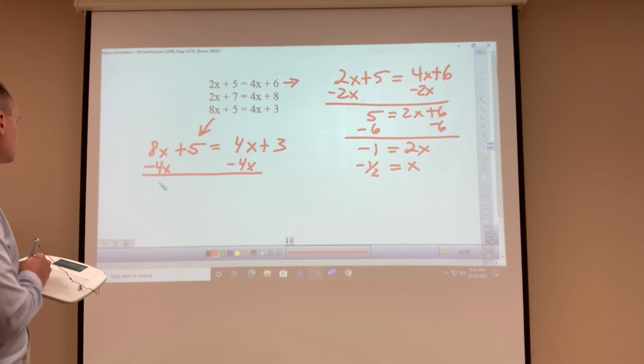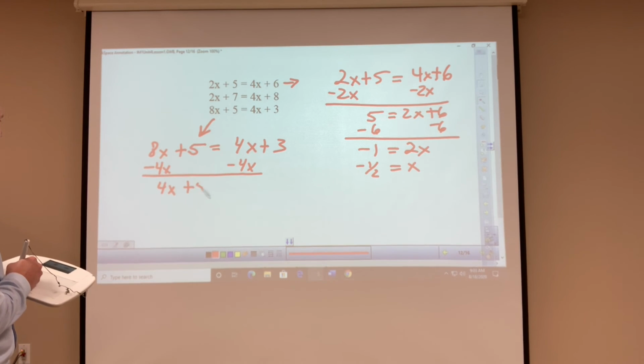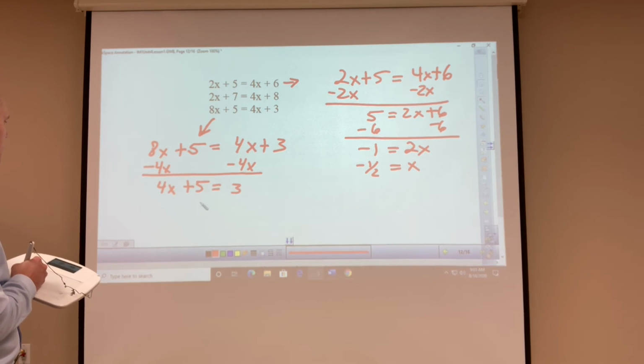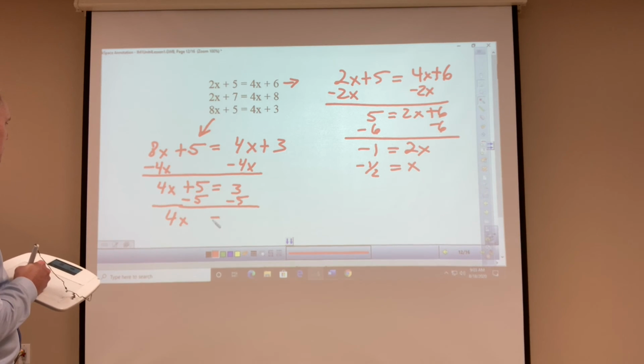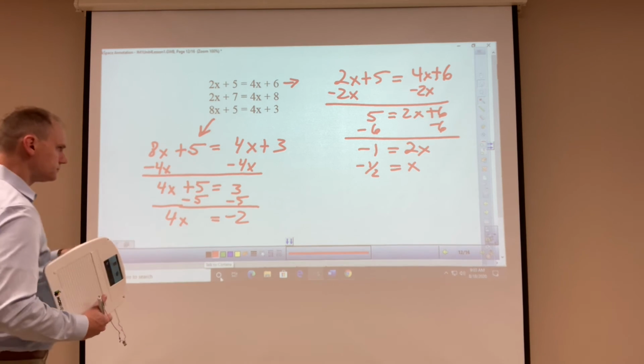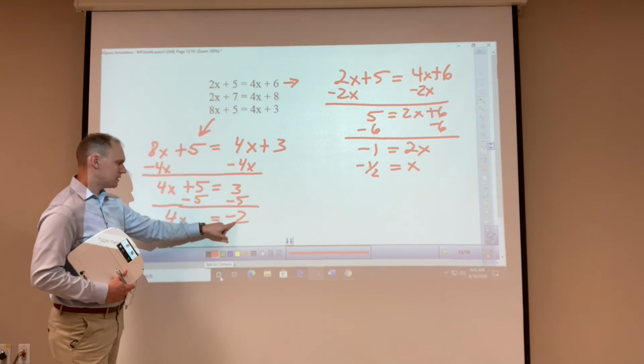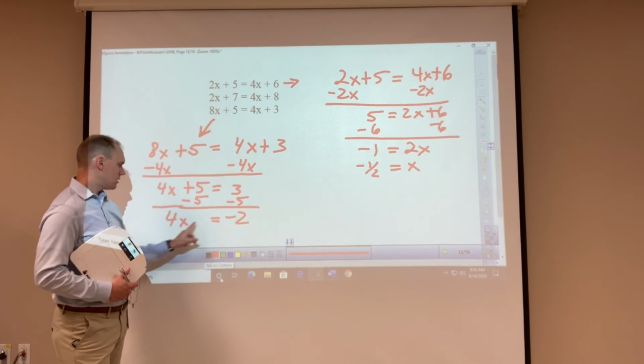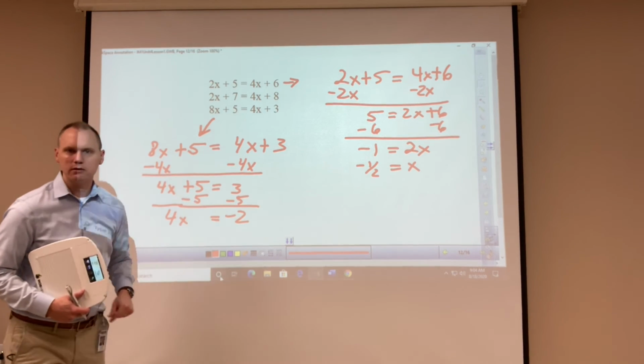So it'll be 4x plus 5 equals 3. So 4x, we're going to subtract 5 on both sides. So we're going to get 4x equals -2. So again, the number on the opposite side is the opposite sign and half the value.